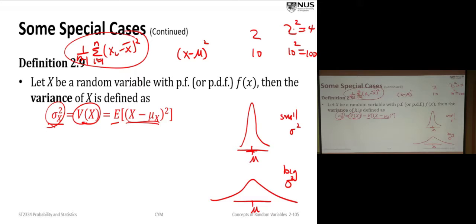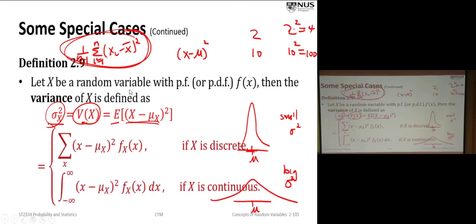This formula that I show you, expectation of (x minus mu) squared, is for the population variance. It tells you how the whole population behaves, how they vary, whether the variation is big or small. This formula is for sample variance. This only tells you about the variation in your sample. So you have to be aware of that.